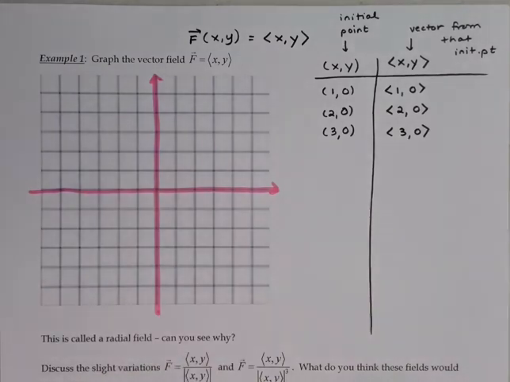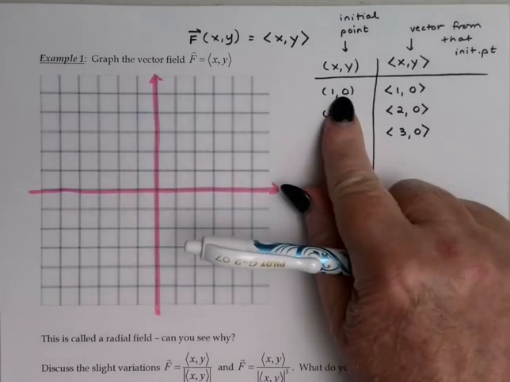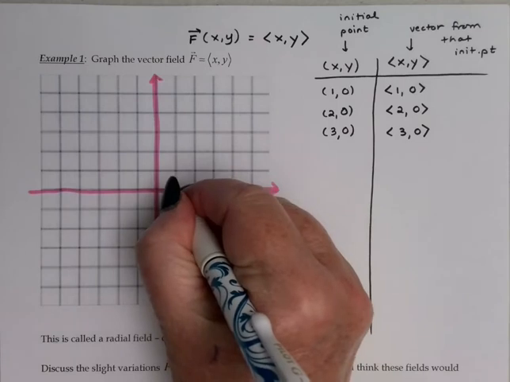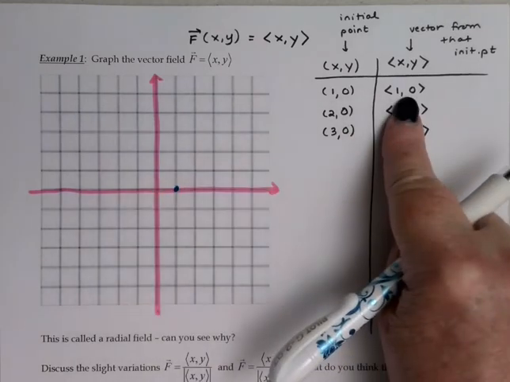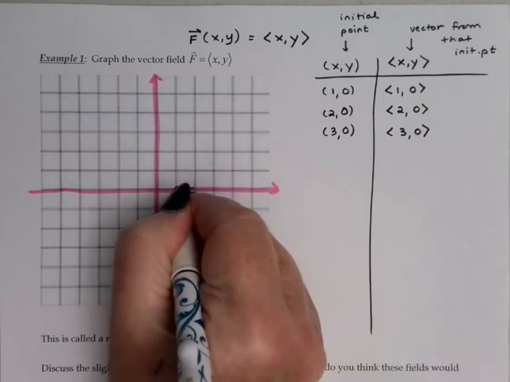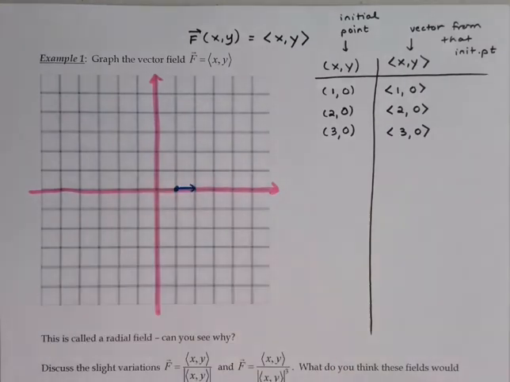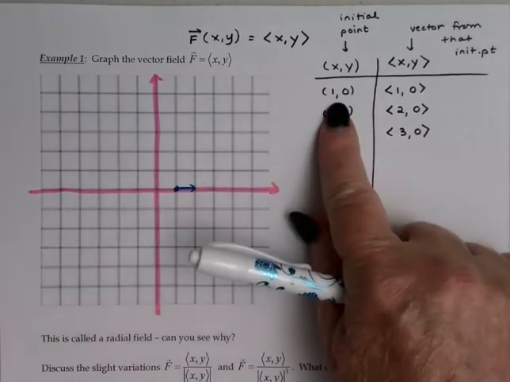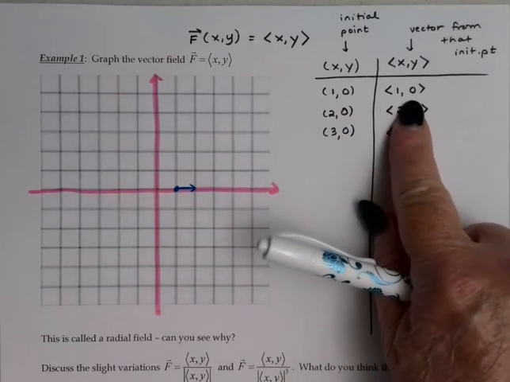So what is this going to look like when I actually try to draw it? Well, at the point 1, 0, I'm going to draw a vector that goes over 1 and up 0. So that vector represents this first input-output pair.